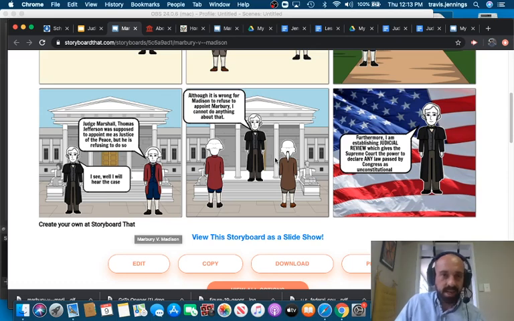And he decides that it is wrong for Madison to refuse to appoint Marbury, but he cannot do anything about it. So Marbury doesn't get his appointment. But what this court case does establish is something called judicial review. And judicial review is very important because it gives the Supreme Court the power to declare any law passed by Congress unconstitutional.